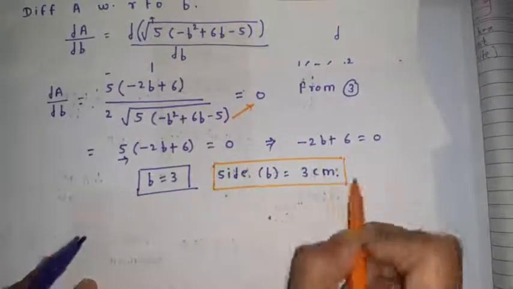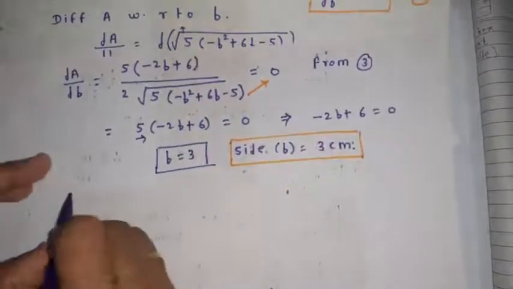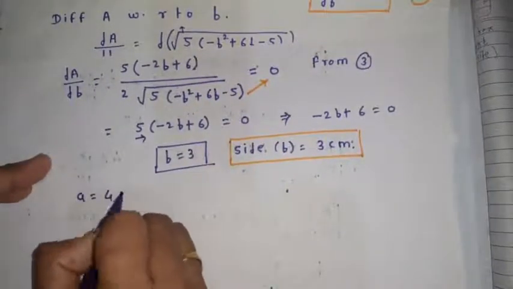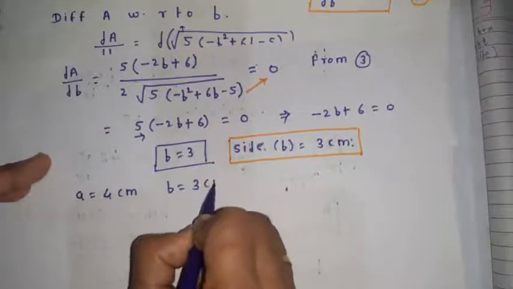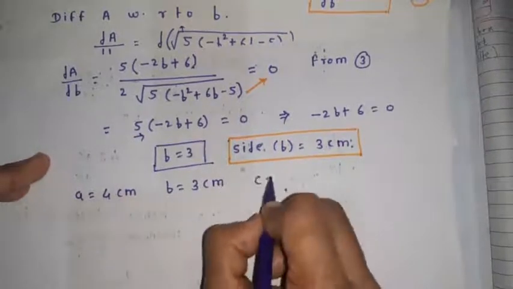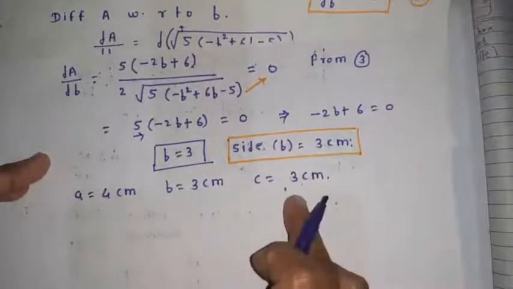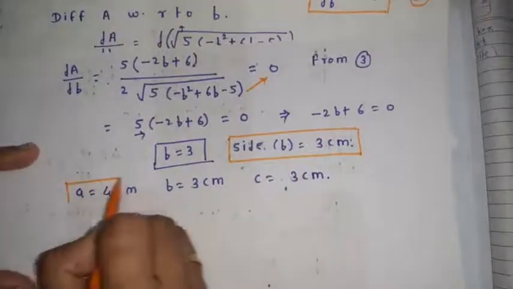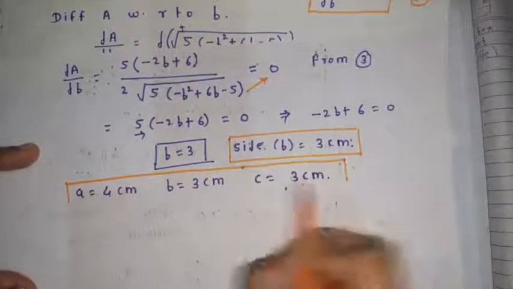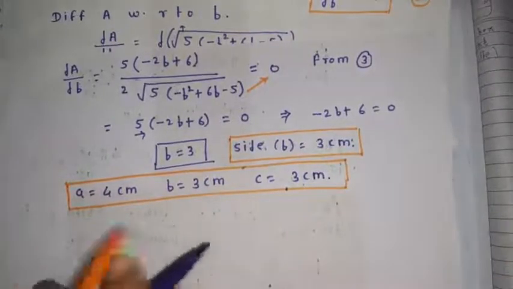Okay students, so out of the 10 centimeter perimeter, one side a equals 4 centimeter, b equals 3 centimeter, and the remaining c will be 3 centimeter, because 4 plus 3 plus 3 equals 10. In this way we now have all the sides of the triangle. But students, now we have to check.